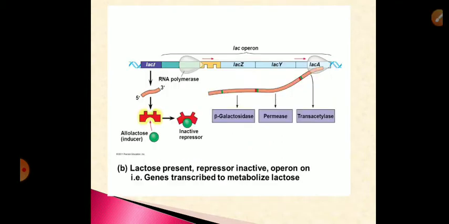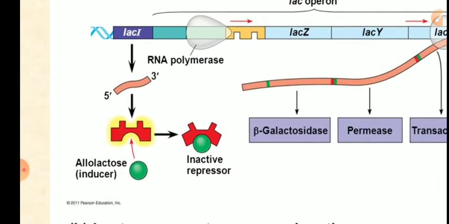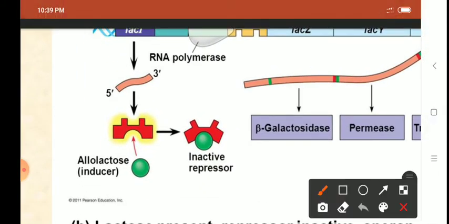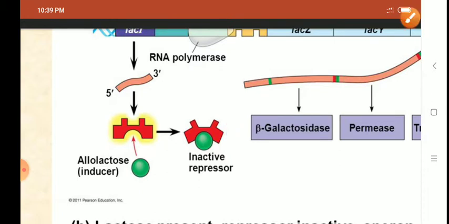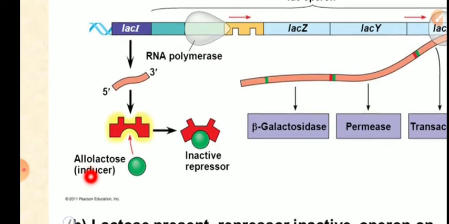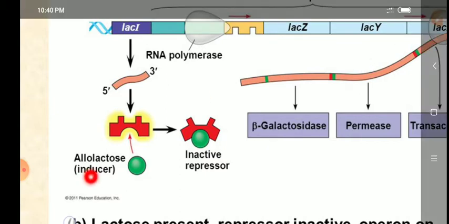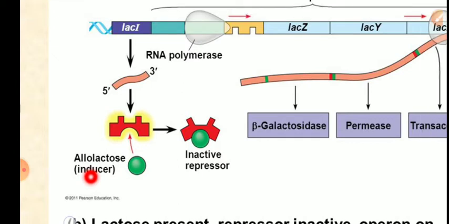Now, look at this diagram where inducer is present. Again, RNA polymerase enzyme. Again, regulator gene has produced active repressor protein. There is an inducer molecule that is allolactose.